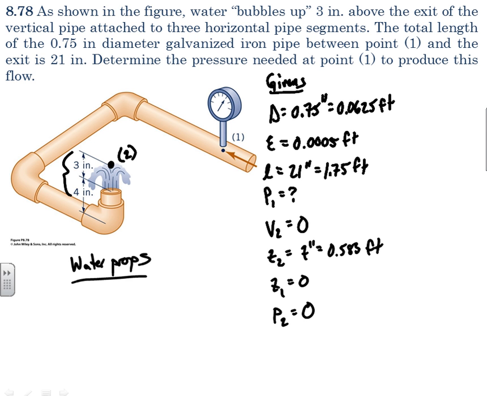Okay, and I can get the water properties. The density is 1.94 slugs per foot cubed, and the viscosity 2.34 times 10 to the minus 5. So let's start this problem off.